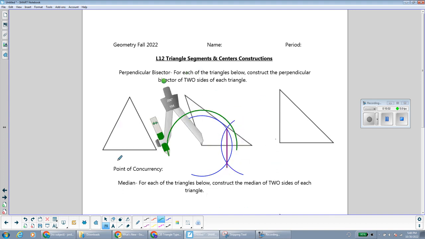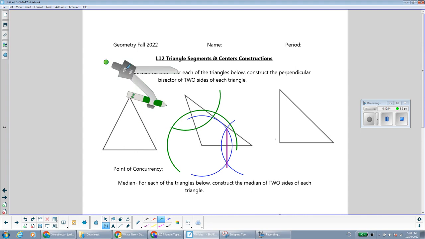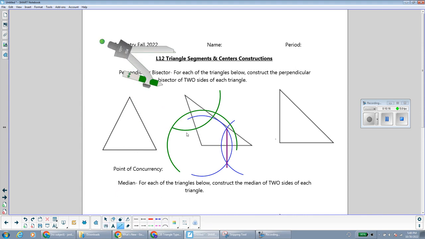Arc above and below. Going over to the other endpoint of the side, I'm going to make the exact same arc using the same distance. And right through those intersection points is where I'm going to draw my perpendicular bisector.